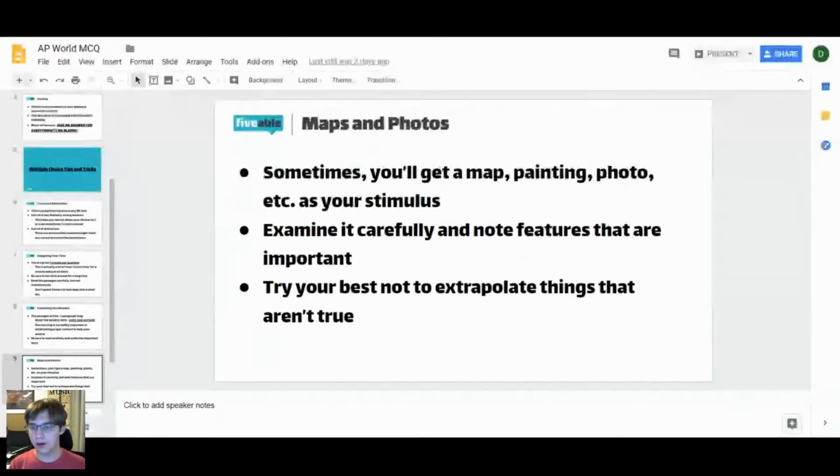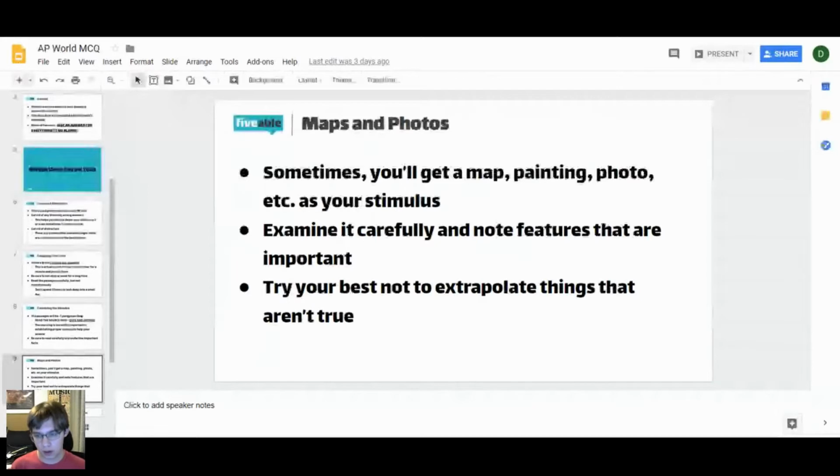Maps and photos. So sometimes you will get a map or a painting or a photo, something like that, as your stimulus. These, for me especially, besides maps, they tended to be some of the hardest ones, because with writing, it's directly in front of you, whereas with a painting or a photo, you have to kind of interpret. So examine it carefully and note things about it that are important.